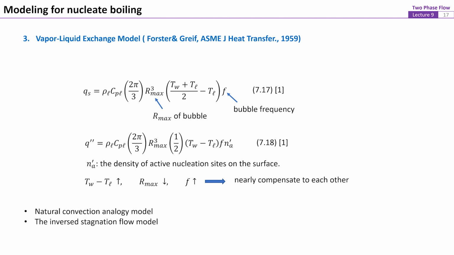The third model to be introduced here is the vapor-liquid exchange model proposed by Foster and Greif. The basic idea of this model is to postulate that bubbles act as microscopic pumps. When a bubble is growing, it pushes heated liquid from the near-wall region into the cold ambient.